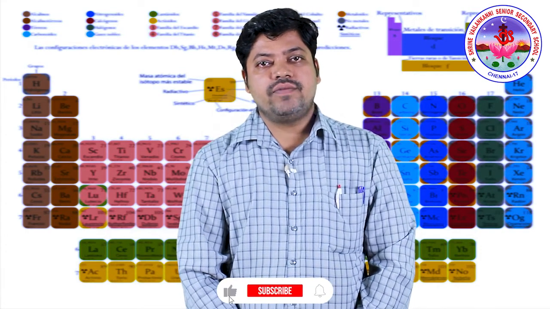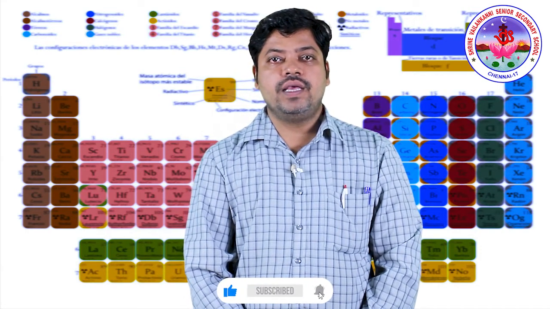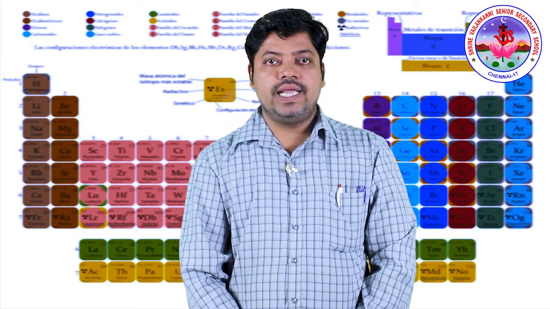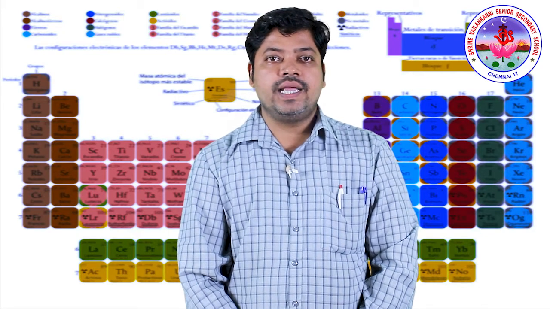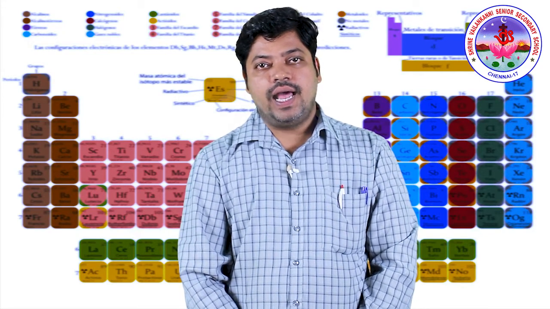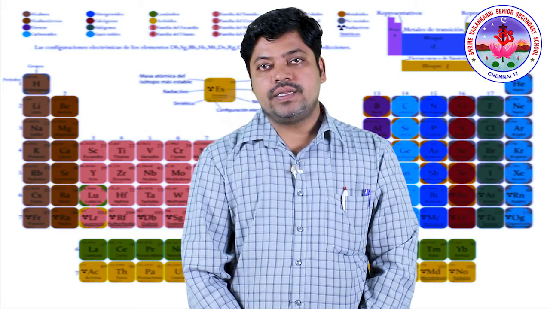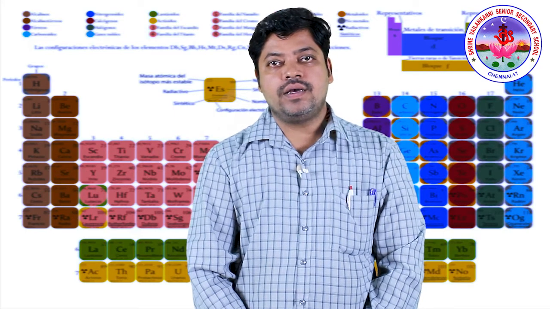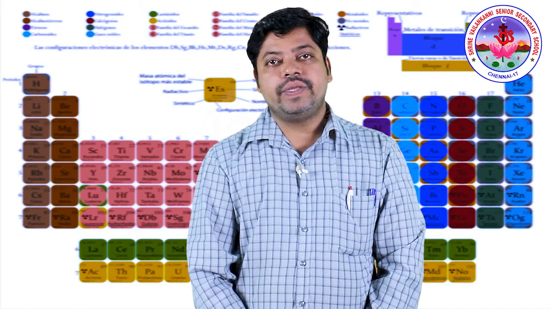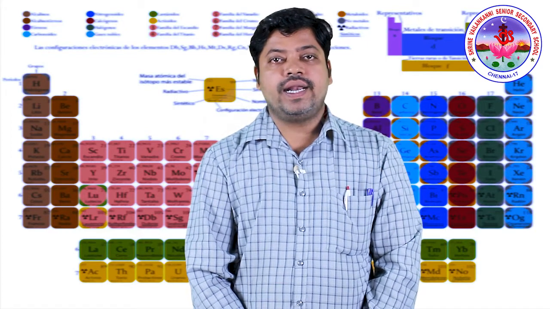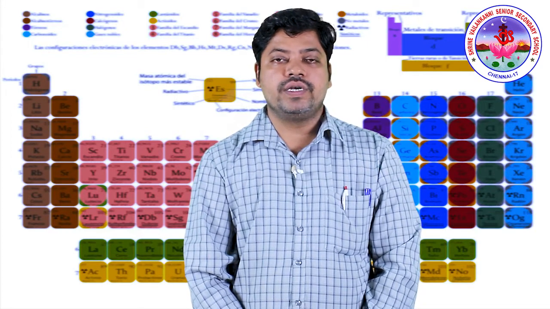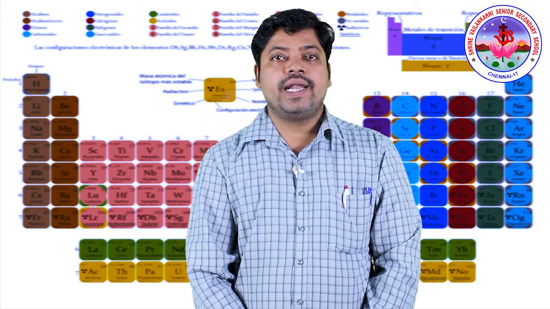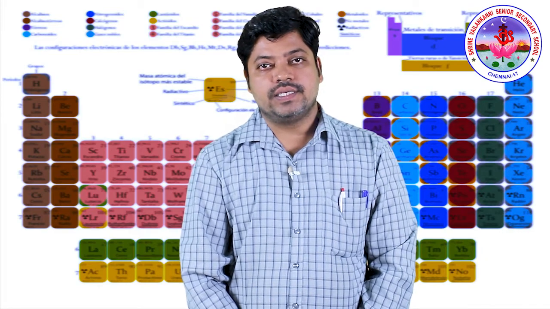Then the position of the elements in the periodic table: where hydrogen is placed, where helium is placed, and then the remaining elements, that is alkali metals, alkaline earth metals, transition metals, metalloids, and non-metals. Then we will also discuss the trends in the modern periodic table, that is valency, atomic size, and non-metallic and metallic properties.